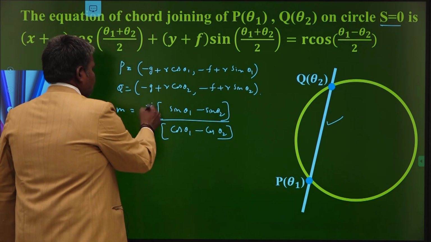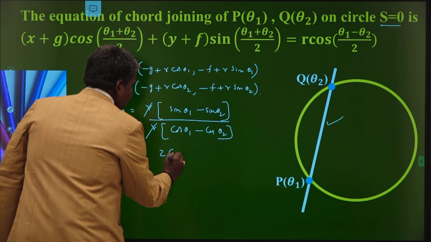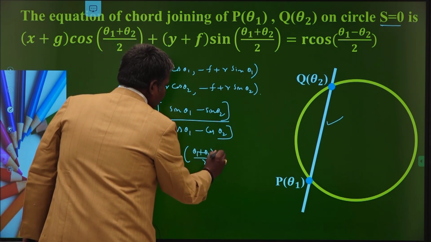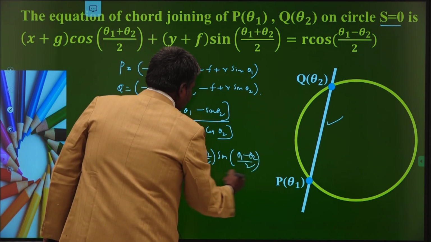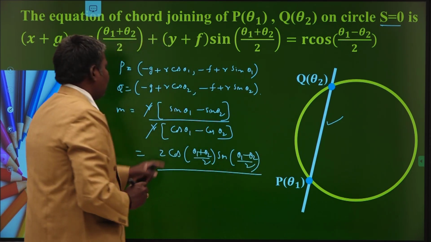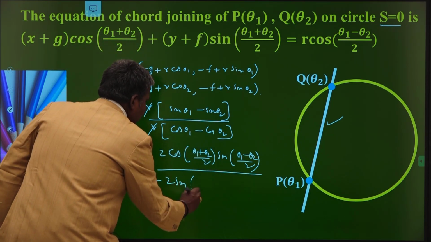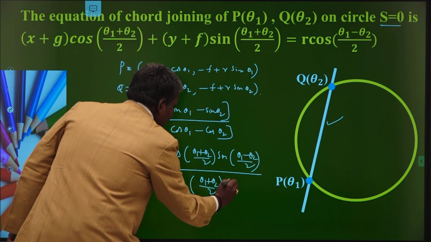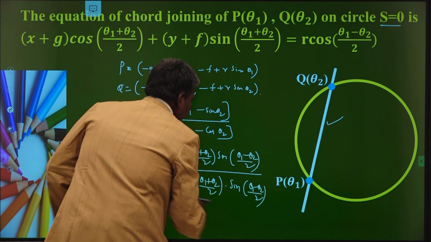r gets cancelled. This is sin C minus sin D. It is nothing but 2 cos of (theta 1 plus theta 2) by 2 into sin of (theta 1 minus theta 2) by 2, whole divided by cos C minus cos D, which is minus 2 sin of (C plus D) by 2, that is (theta 1 plus theta 2) by 2, into sin of (theta 1 minus theta 2) by 2.